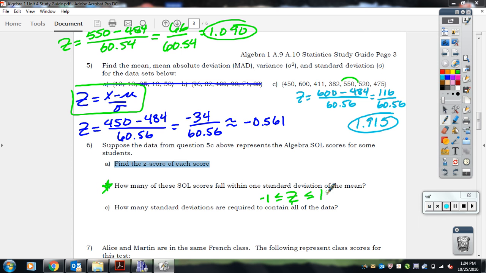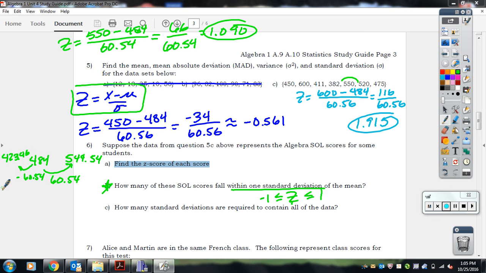But the other way we could have done it is if we know it's within one standard deviation of the mean, which is 484. So how far would it have to go to this side? Well, one standard deviation is 60.54. In other words, 544.54. And this way would be minus 60.54, so that would be 423.46.